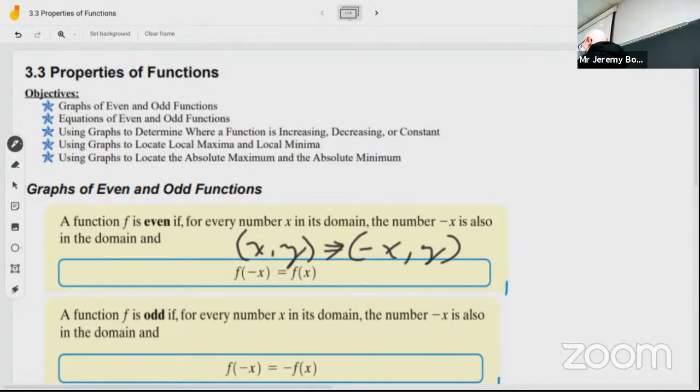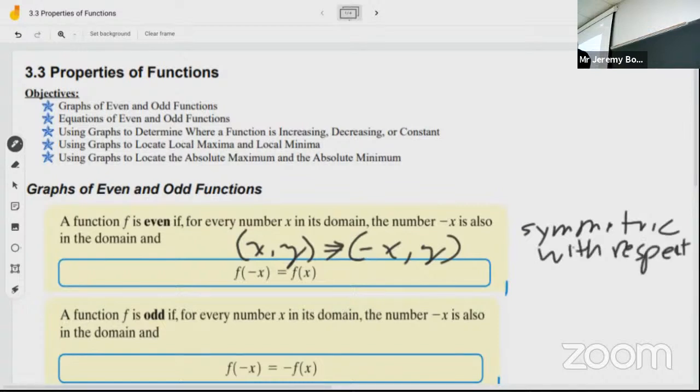Well, if you remember, that means that it is symmetric with respect to the y-axis.